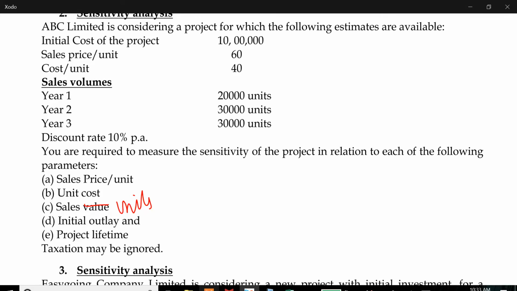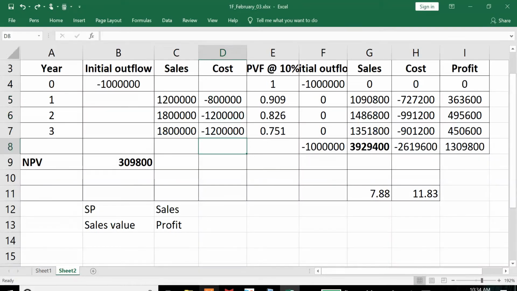Next, present value of net cash flow equals present value of revenues minus present value of cost. 39,29,400 minus 26,19,600.